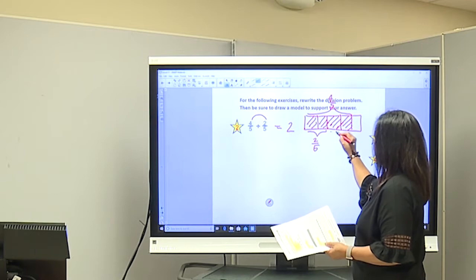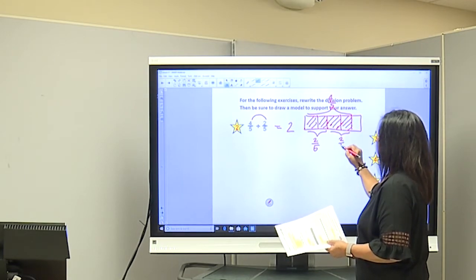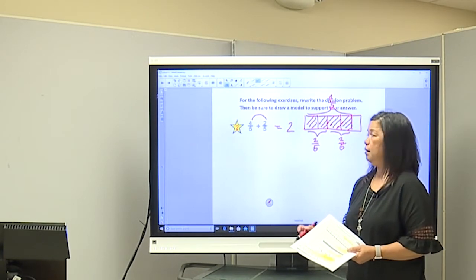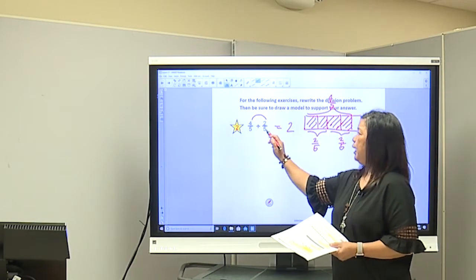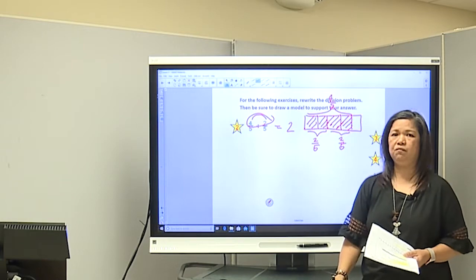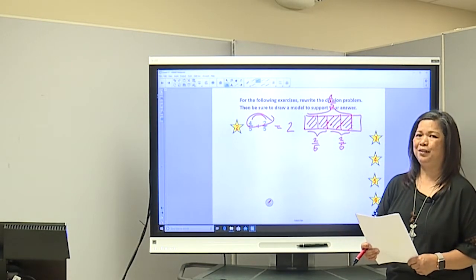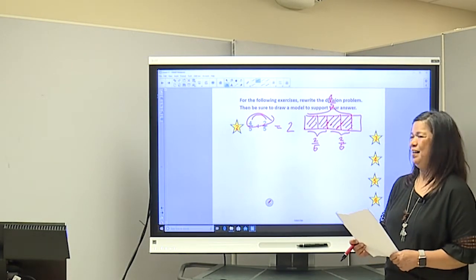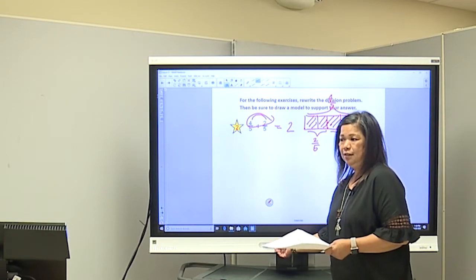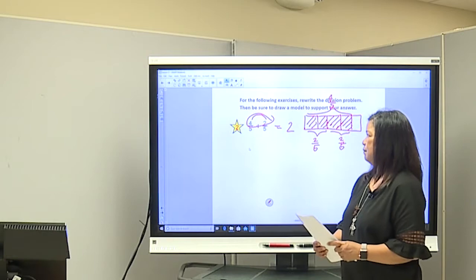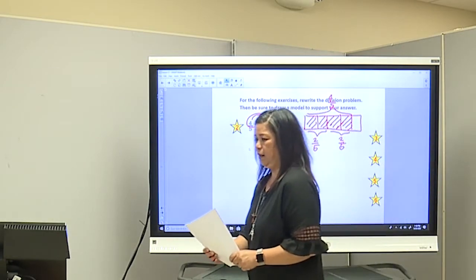There's 2/5 and there's 2/5. So how many groups of 2/5 are there? 2. So without the model, what I actually did was just divide the top, right? Because remember, this lesson is dividing fraction by fraction with the same denominator.